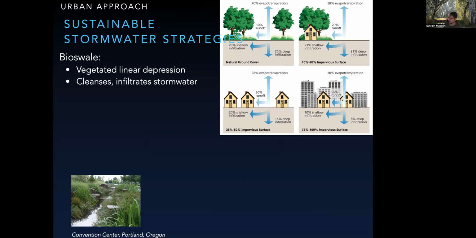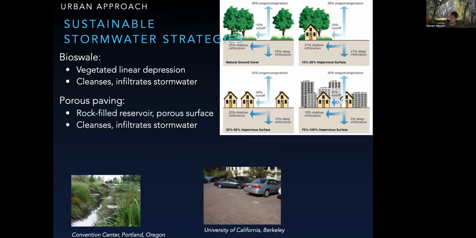We can also use porous paving. Instead of impermeable paving, porous paving mostly works through the joints, which tend to be filled with some kind of rock that allows the water to go through, and it also allows for filtration of the water.